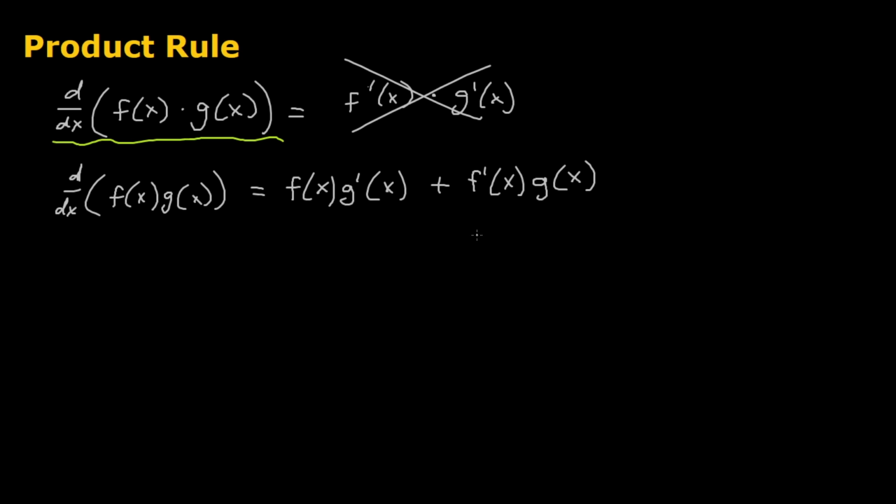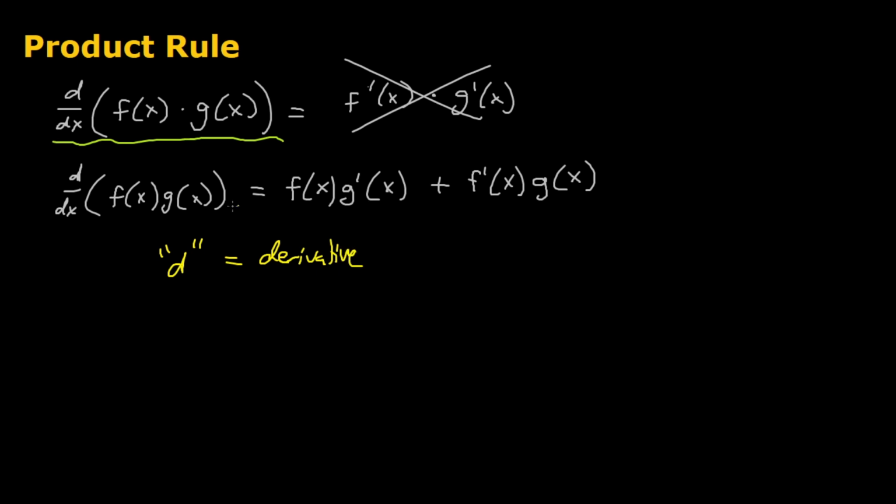x. And if you want like a little sentence to help you remember how to do this, the way I remember this is by thinking first d second plus second d first, where d just represents like derivative, like take the derivative of that function.